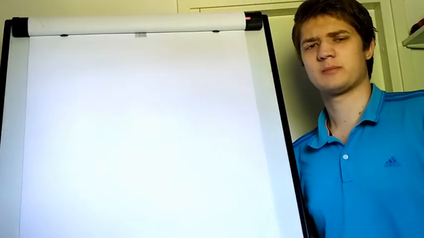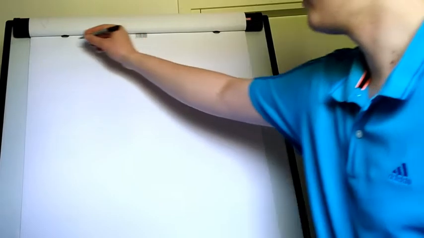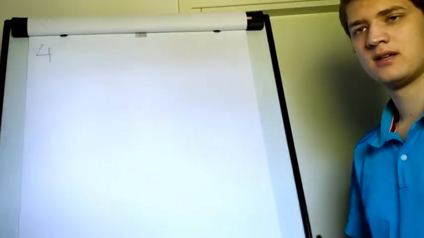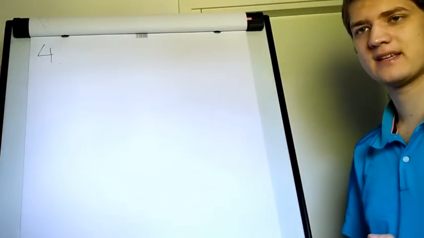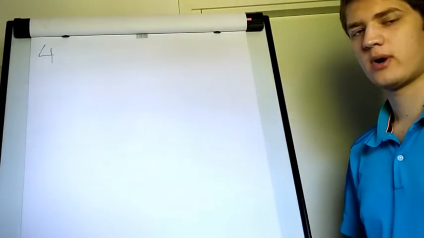Let's start from problem number 4. Here we have to prove that the absolute value of sine x plus cosine x is always less than or equal to the square root of 2.